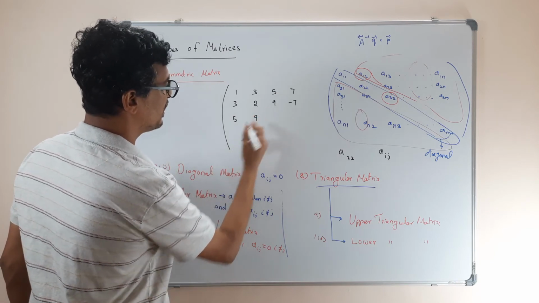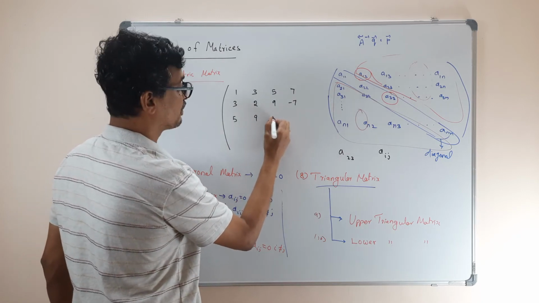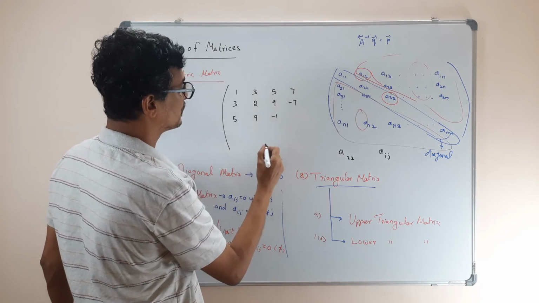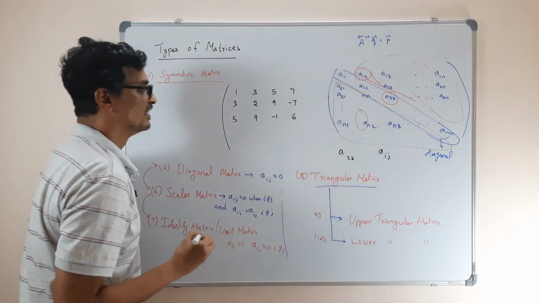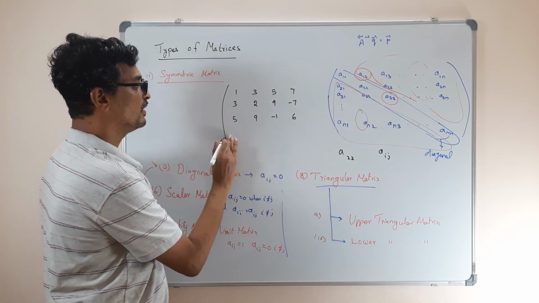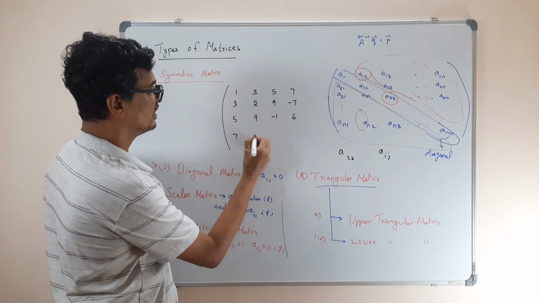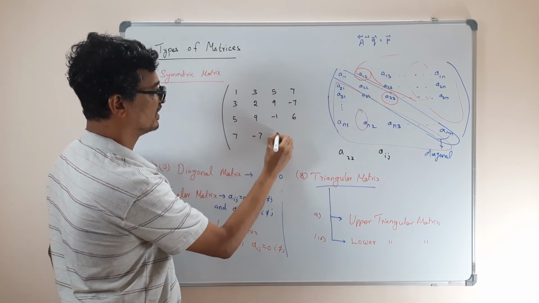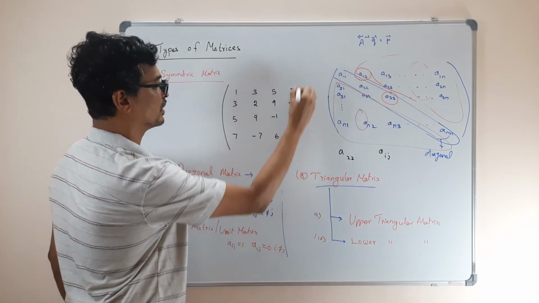Because this is 2, and this can be any other number, the diagonal element is minus 1. Then we put any number, I will call it 6. So now tell me what this number has to be. 7. Are you sure? Yes, 7. And then minus 7. Correct. And then this is 6. And let this be any number, that will be 5.